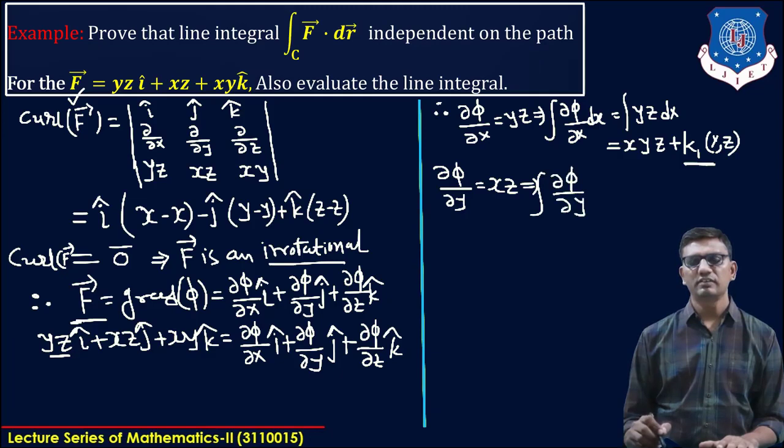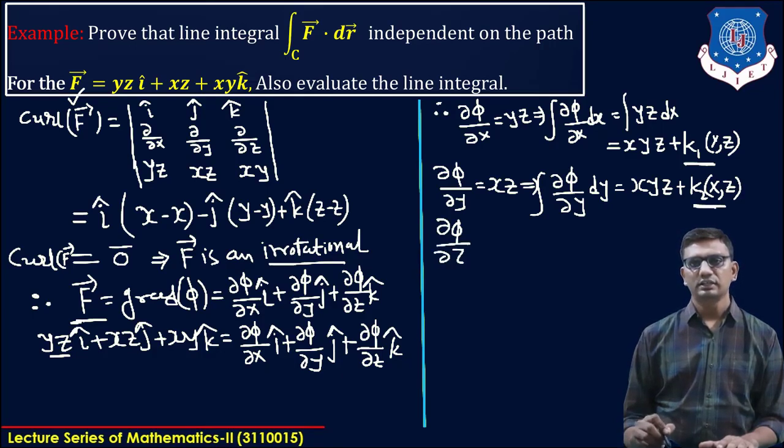So the integration of del phi by del y dy is equal to the integration of xz dy, that is directly xyz plus an arbitrary constant function, we are taking x, z. And del phi by del z is equal to xy.